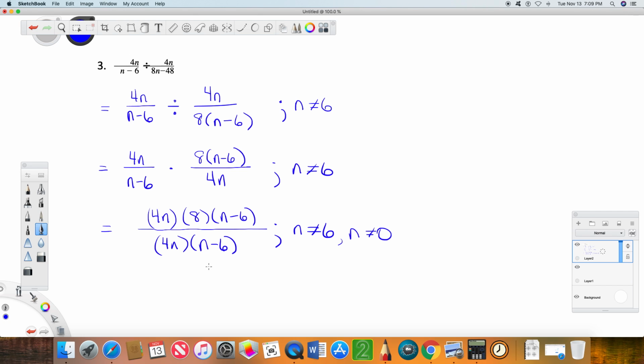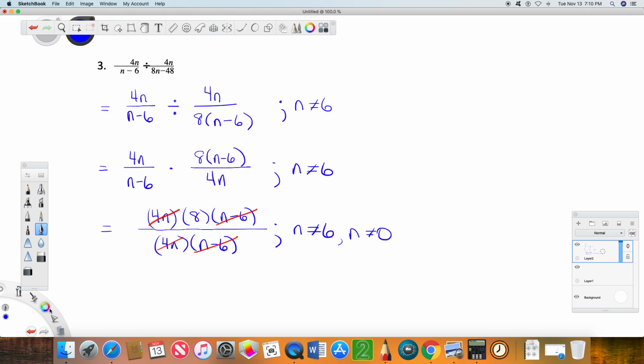That's important. I can now look to see if there's any factors that cancel, and although I could try to break down 4 to 2 times 2 and this 4 to 2 times 2, it's easier just to recognize right now that 4n divided by 4n is 1. The n minus 6 divided by n minus 6 is 1.